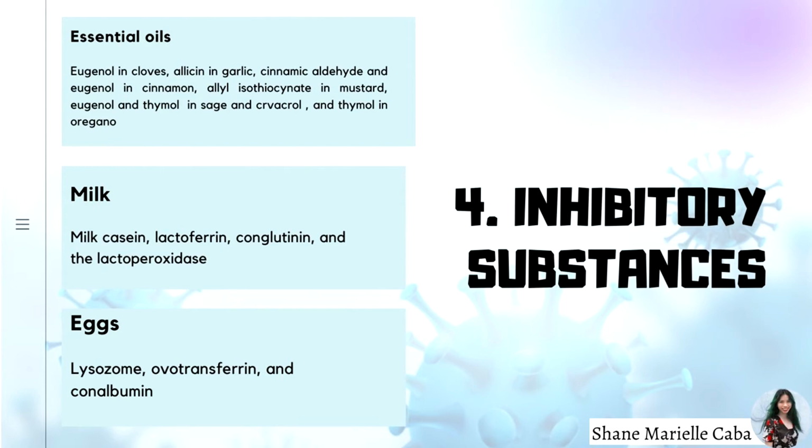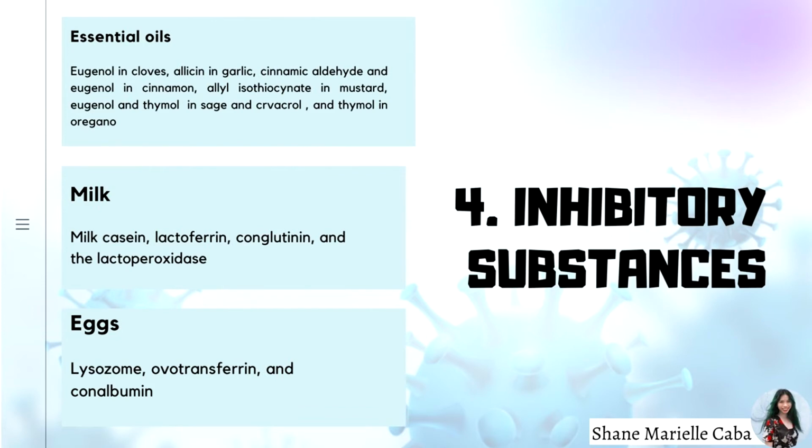Some animal-based foods also contain antimicrobial constituents. Examples include lactoferrin, conglutinin, and the lactoperoxidase system in cow's milk, lysozyme in eggs and milk, and other factors in fresh meat, poultry, and seafood. So lysozyme is a small protein that can hydrolyze the cell wall of bacteria.